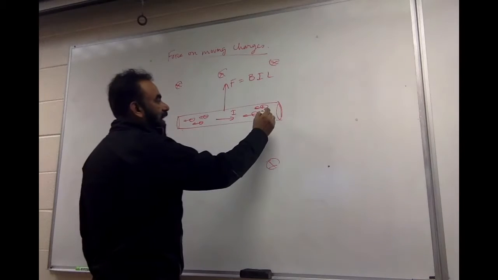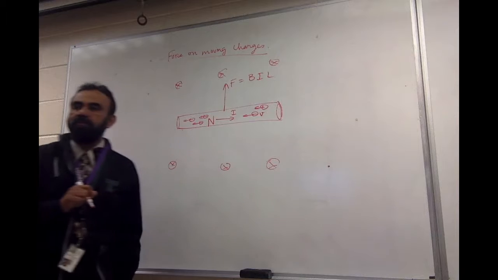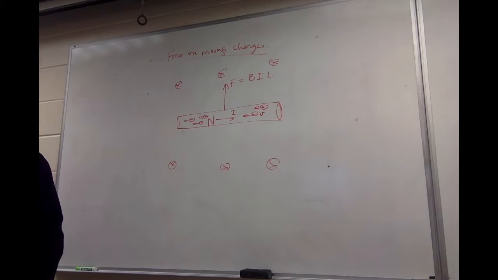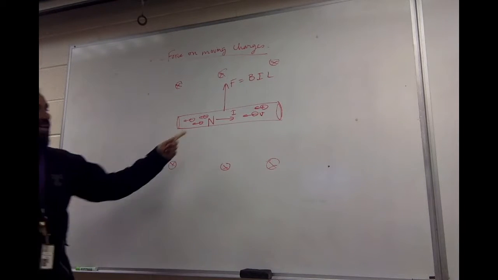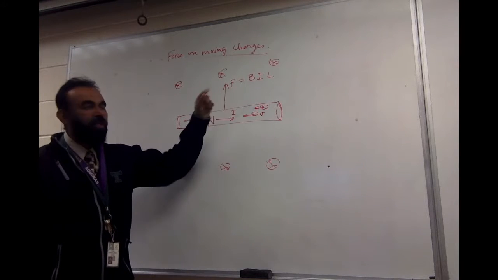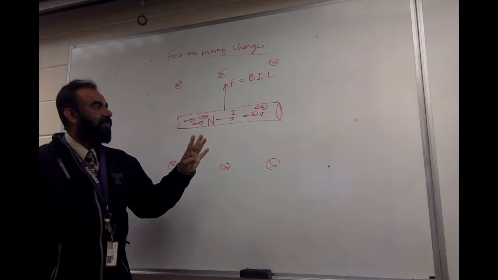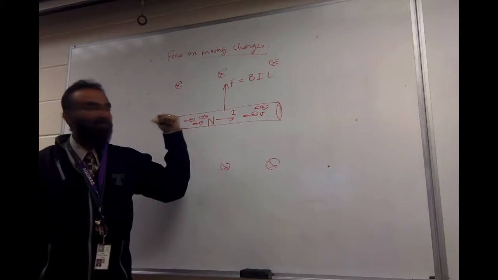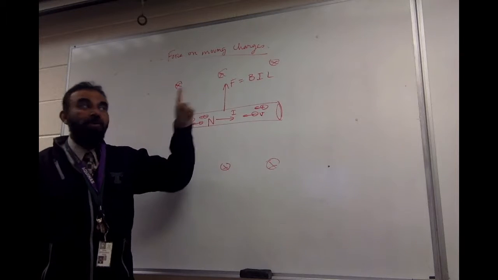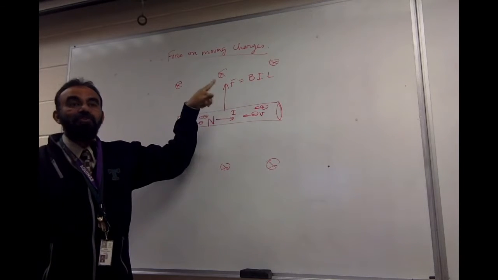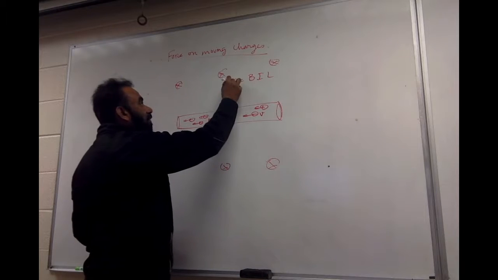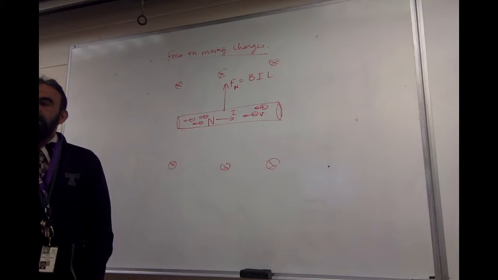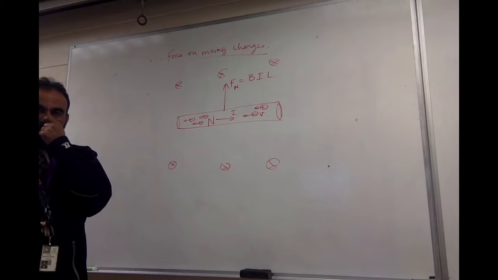Let's say there are capital N number of electrons in this conductor. What really is happening is that this force experienced by the entire conductor is all because of the electrons moving this way. So this force is the force on N electrons.